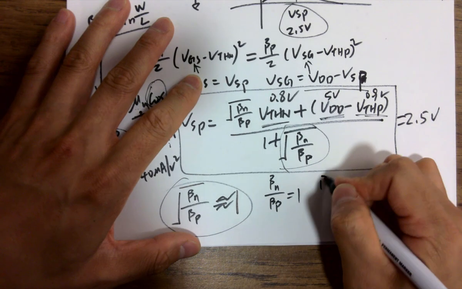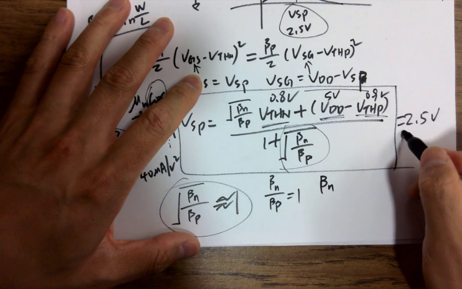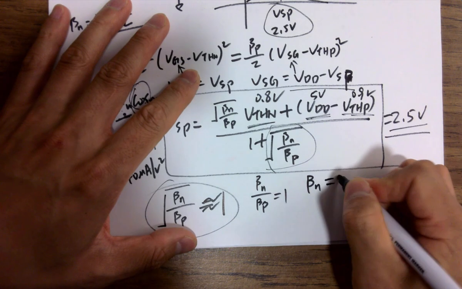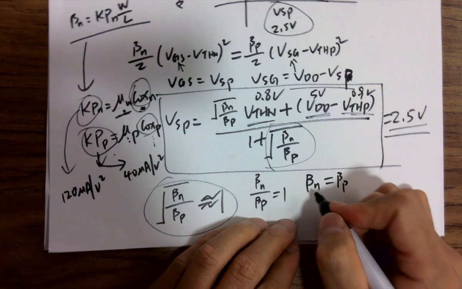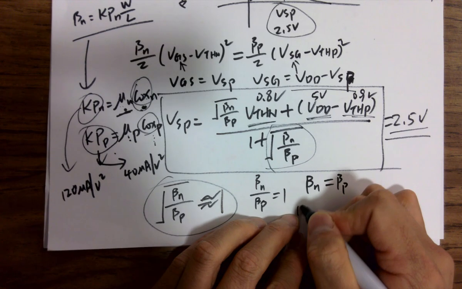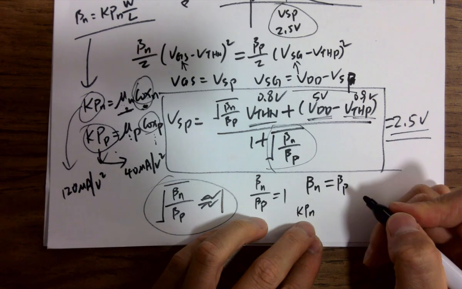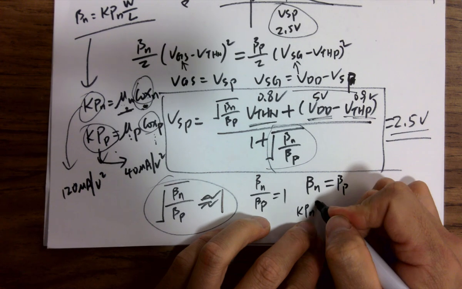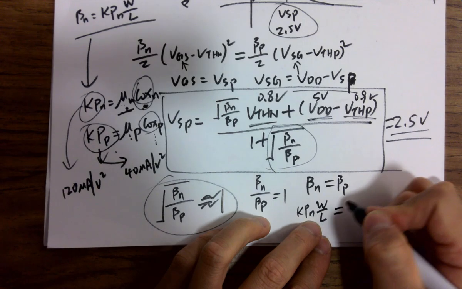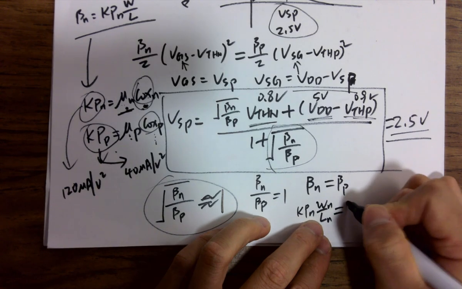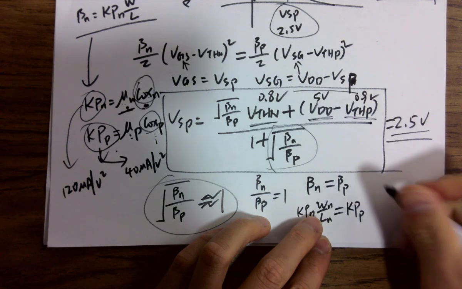If we want 2.5 volts as the switching point, beta n should be the same as beta p. So beta n is KPN times W over L, and this is KPP times W over L.